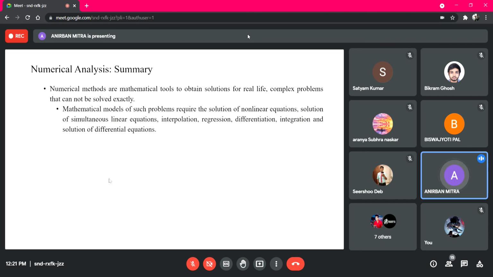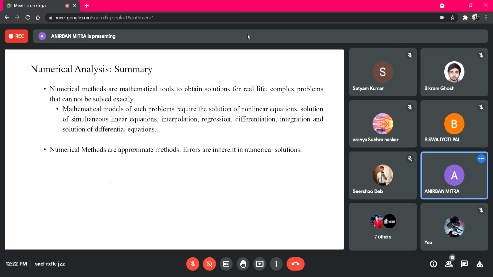And these mathematical models of such problems require solution of nonlinear equations, solution of simultaneous linear equations, maybe interpolations, regression, differentiation, integration, or it could be solution of differential equations. All these things are there in the present syllabus, and we'll be looking to address all these topics.